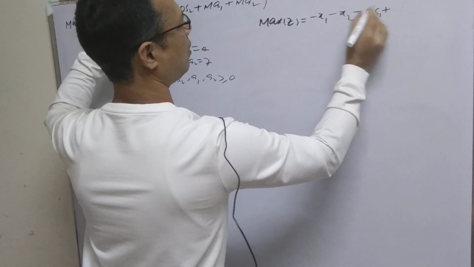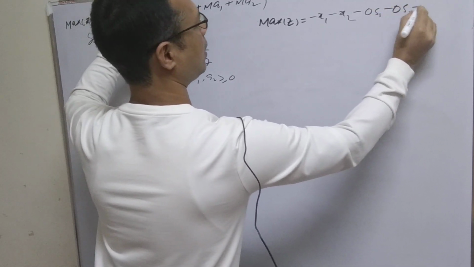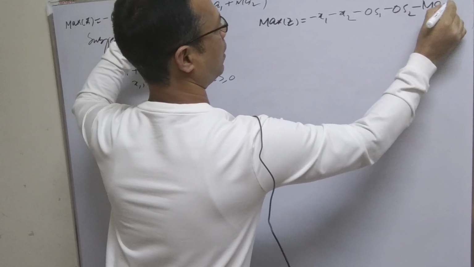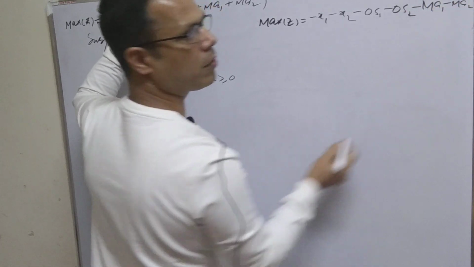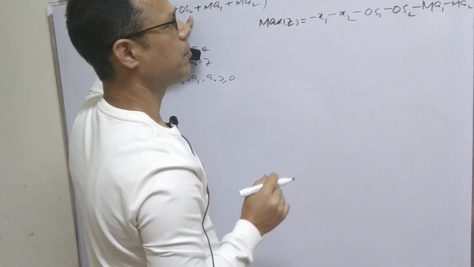If you write negative, that is not wrong either. Then minus 0 s2, minus M a1, minus M a2. Now I have written this equation in this form.